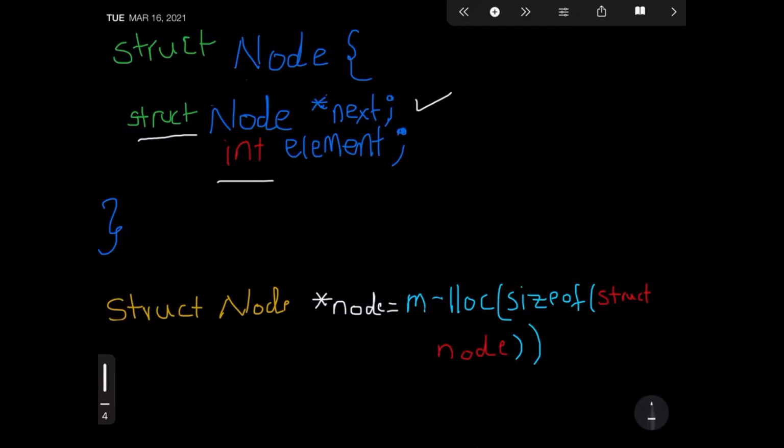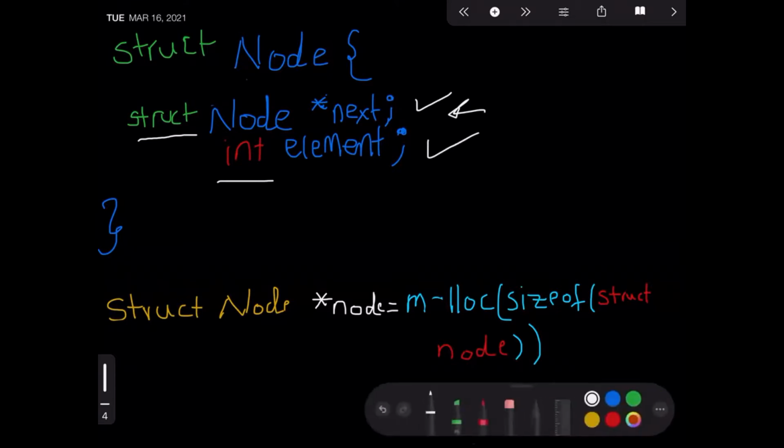Now, if we want to declare another pointer and point to another node, the new node we allocated, we assign the address of that new node to this field. Now we have another field that is a type of integer.